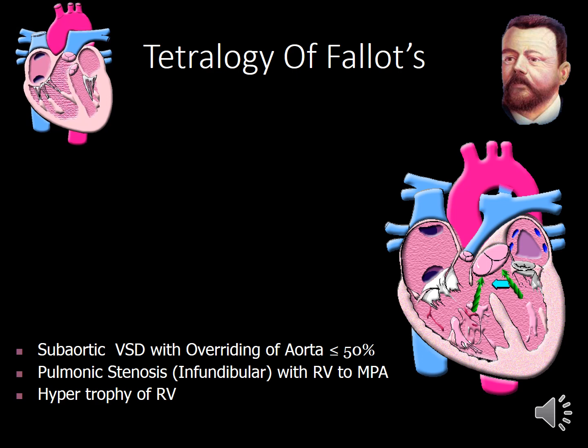The third finding is a small pulmonary artery, leading to pulmonary stenosis and, in severe cases, pulmonary atresia. And the fourth finding is hypertrophy of the right ventricle. Normally this finding is not identified in tetralogy of Fallot cases in utero.